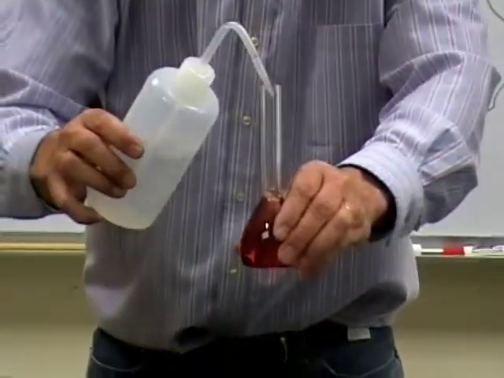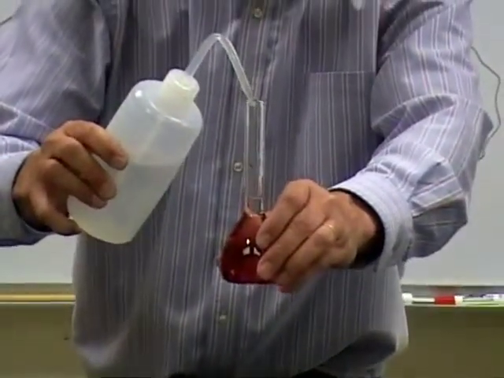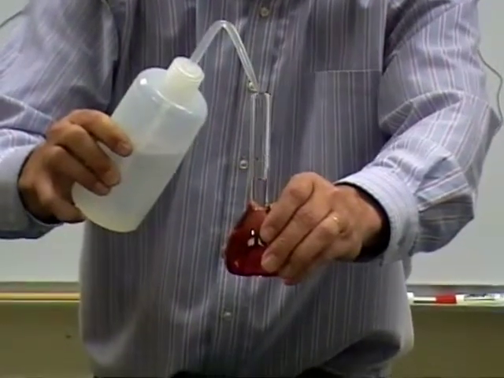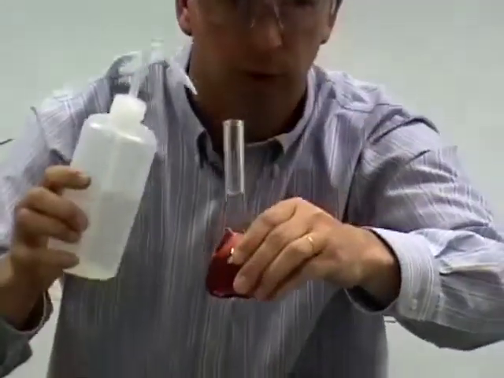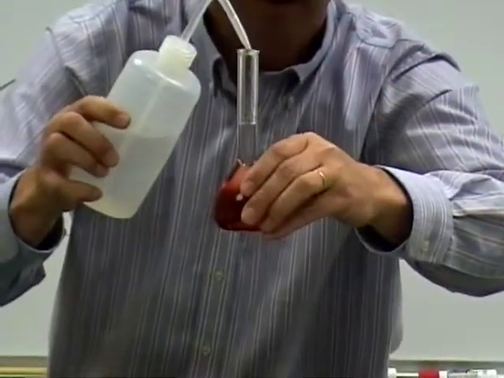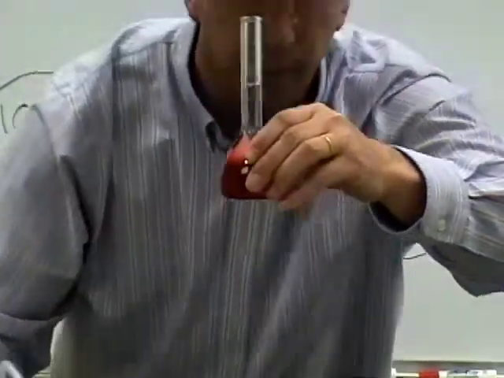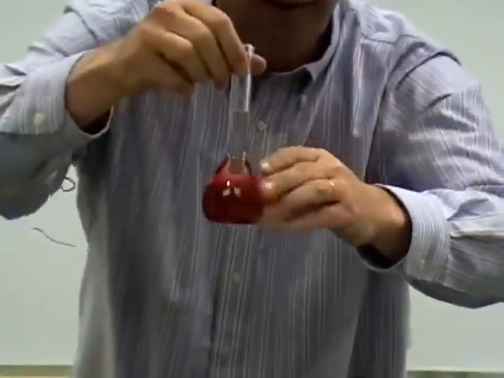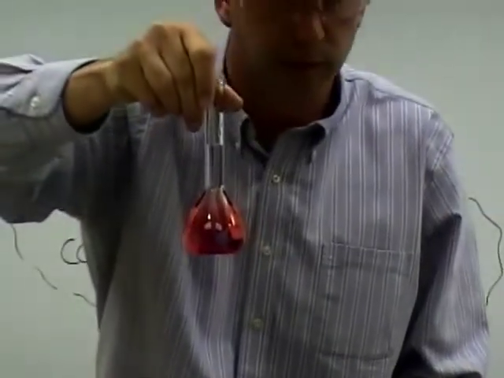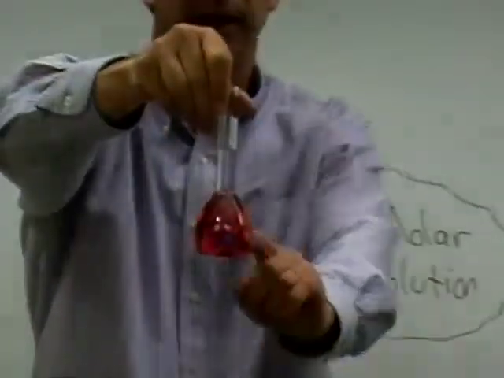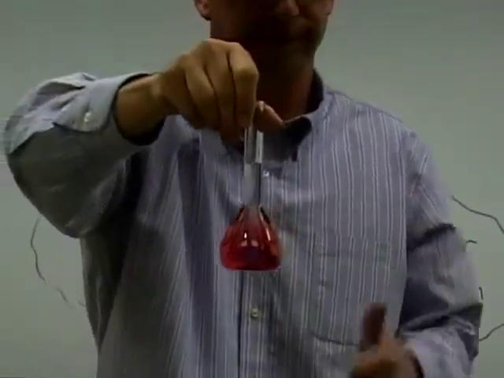We're going to keep adding until we're almost at that spot. We look and measure right from the meniscus. We're almost there, and a little tiny bit more, we're there. So this is exactly a 0.33 molar concentration, and we have exactly 100 milliliters of total solution.